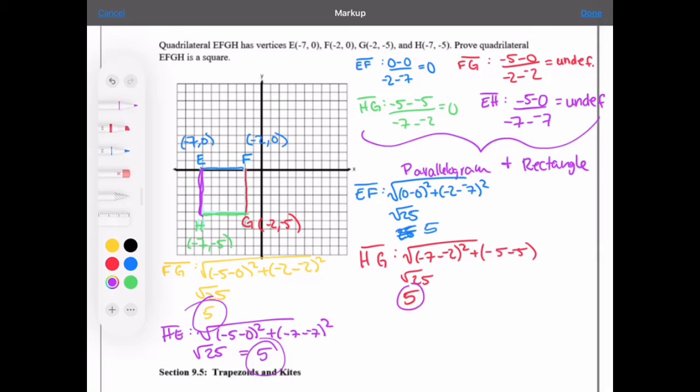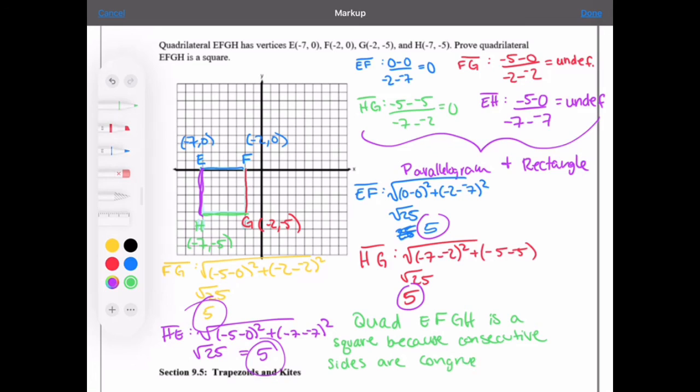So we have 5 for all side lengths, which means that all side lengths are congruent, and we are done. All we have to do is write it out. Quadrilateral EFGH is a square because consecutive sides are congruent and perpendicular.